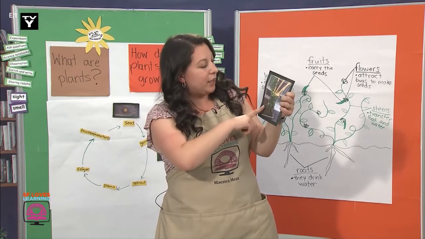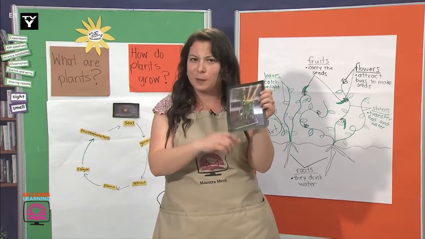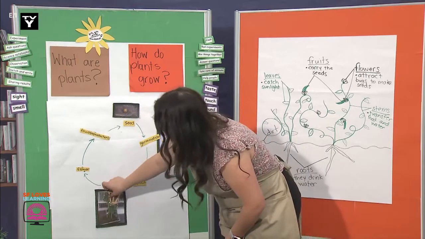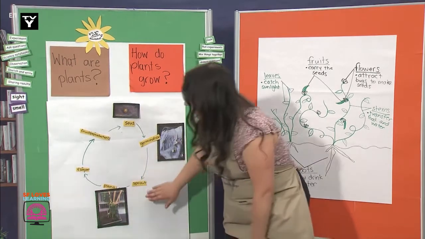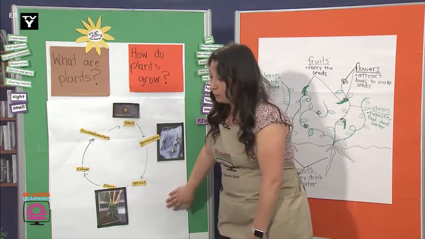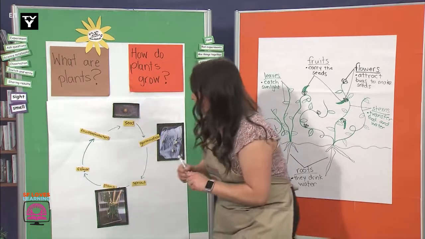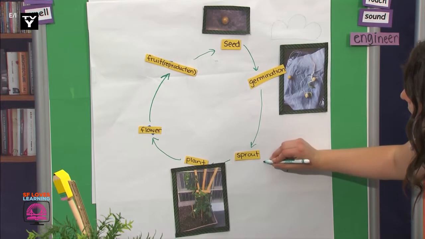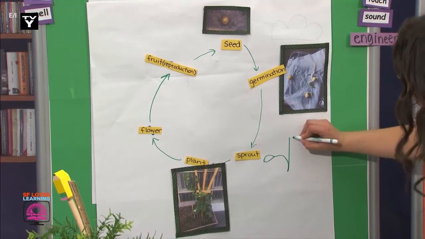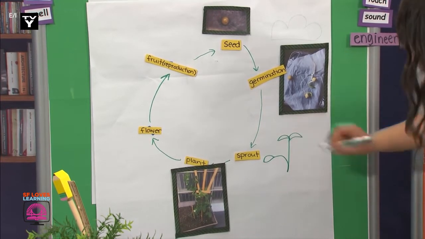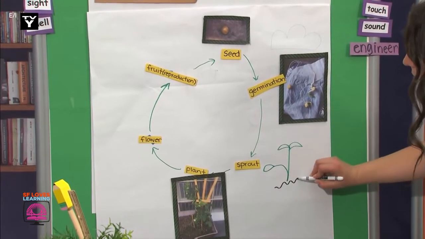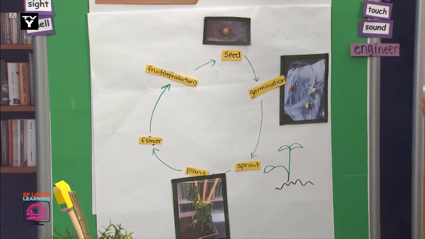I can see the leaves. Well, we can't see the roots, but I think that's because they're under the dirt. So I'm going to put this with plant. And remember, Maestra lost her picture of her sprout, so we won't have it. But maybe I should just draw a quick little sprout so you can see what they look like. And the dirt on the bottom. That way we don't miss out.